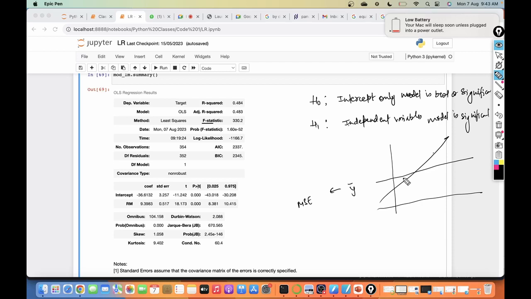Then find the mean square error of this one. Then take the f statistic of the mean square error of the average and the mean square error of this one. Then take the value and find the f statistic of this one.